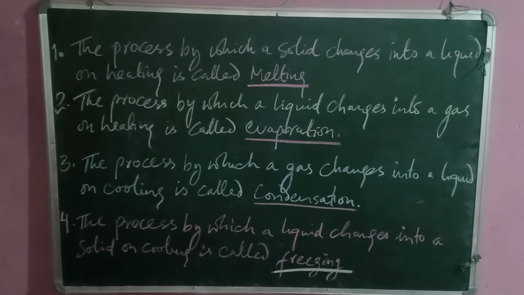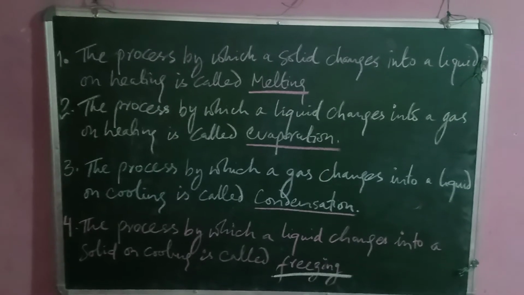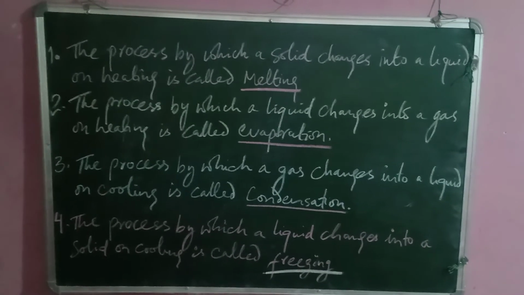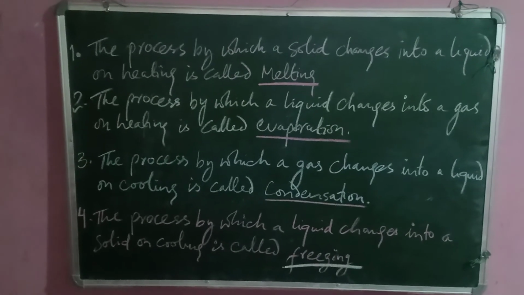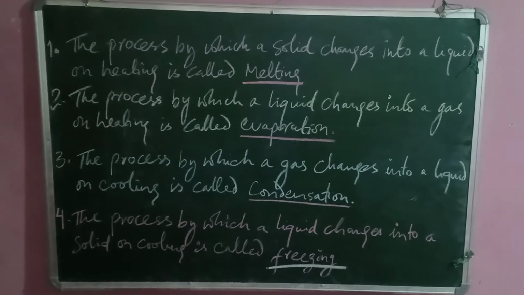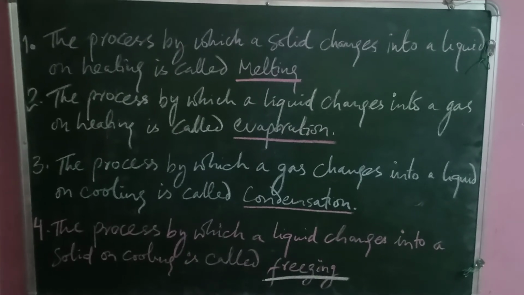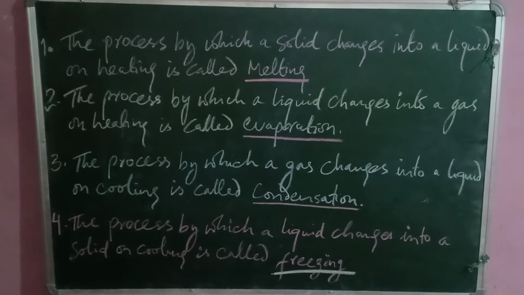Then the process by which a liquid changes into a gas on heating is called evaporation. Then the process by which a gas changes into a liquid on cooling is called condensation. And the fourth one, the process by which a liquid changes into a solid on cooling is called freezing.